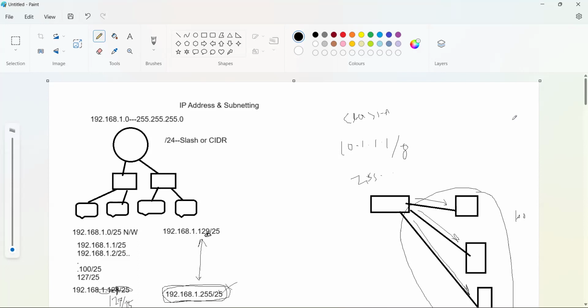You can do it here also. With subnetting you can assign 1000 IP addresses for one branch, 1000 IP addresses for another branch, and 1000 IP addresses for another branch. Likewise.